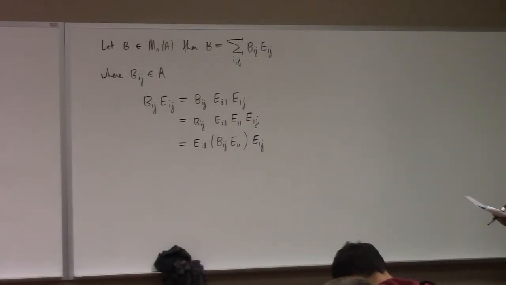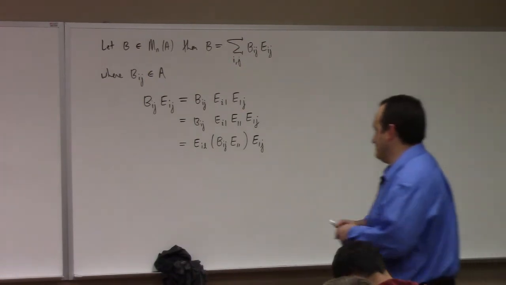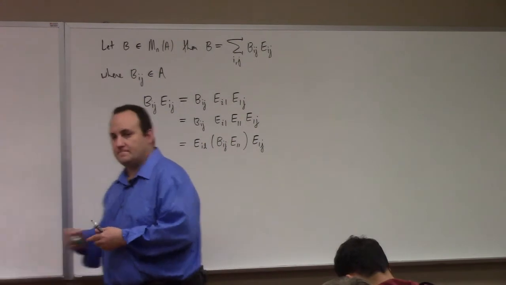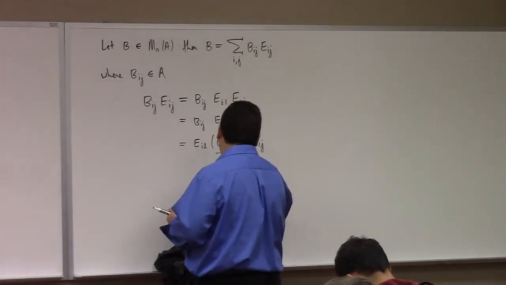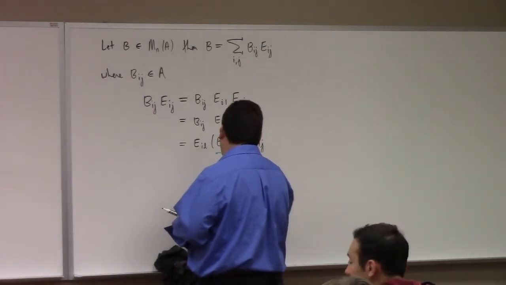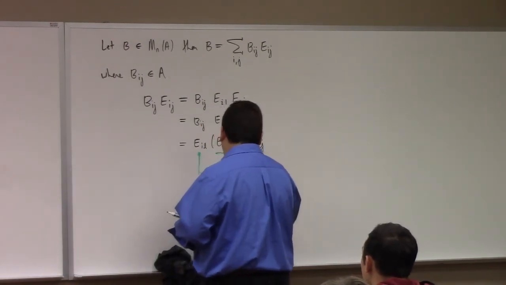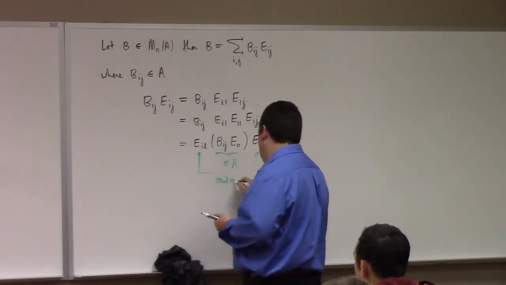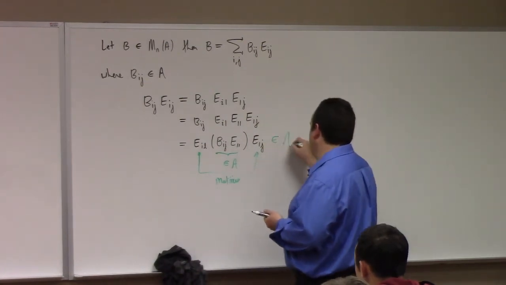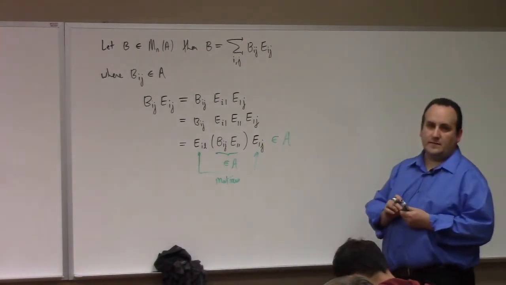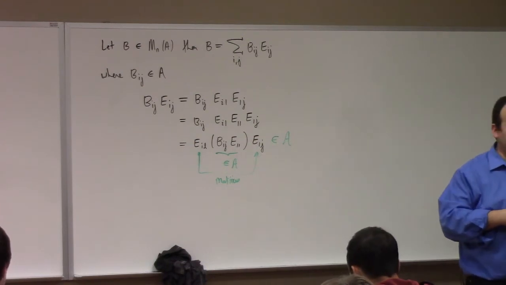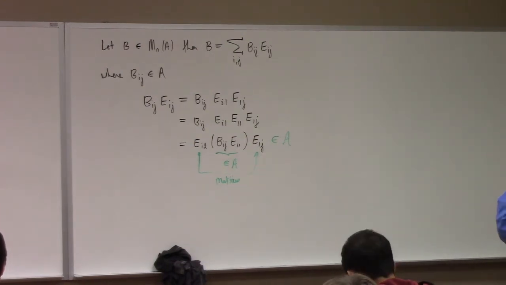Bij E11 is an element of A, and that's also in the ideal by what we just showed, so these are things in A. Which makes B a sum of things in A, also in A. This is an element of A again because script A is given to be an ideal.